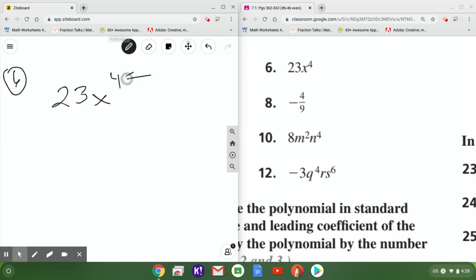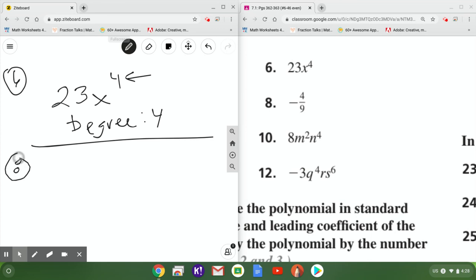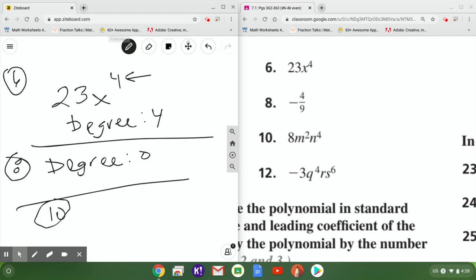It's a degree of 4. That's it. The degree is 4. Number 8. There is no exponent. Degree is 0. Number 10. Degree is 2 plus 4. And so on. So that's all you had to do with those.